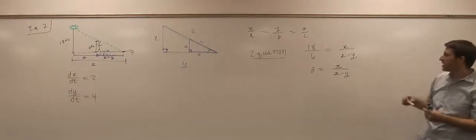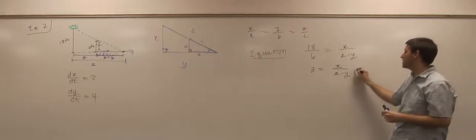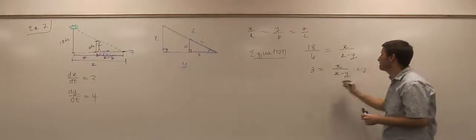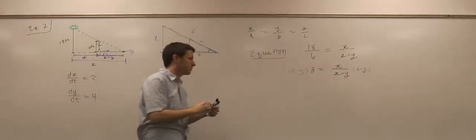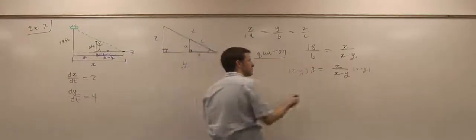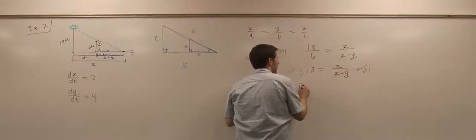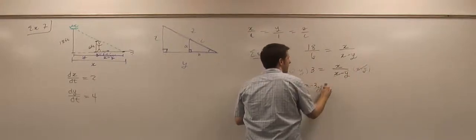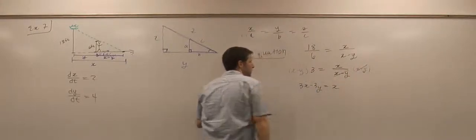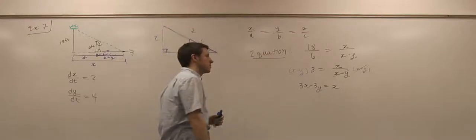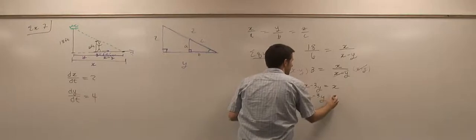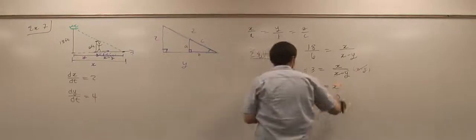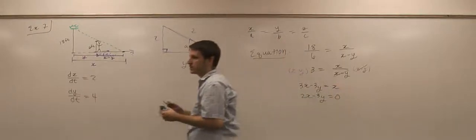In this particular case, I can make my life a lot easier if I multiply top and bottom by x minus y. So 3x minus 3y is equal to x. If you subtract the x over, 2x minus 3y is equal to 0. This is the equation I want to differentiate, because that's super easy.